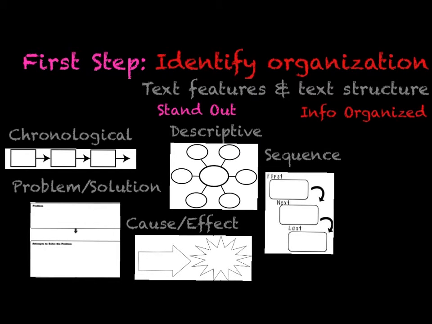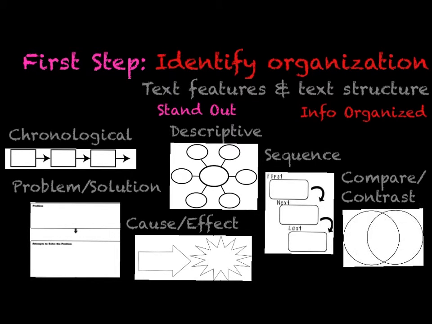Words to look for are effect, as a result, because, consequently, for this reason, if and then, since, and therefore. And compare and contrast, which tells how things are similar and different. Words to keep an eye out for: alike, as opposed to, different, in common, on the other hand, similar, both, and either.